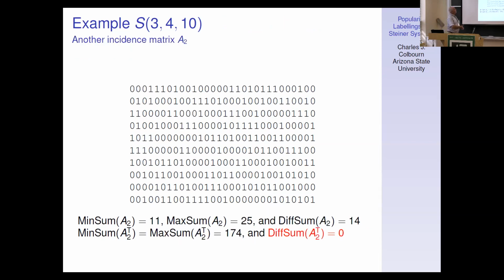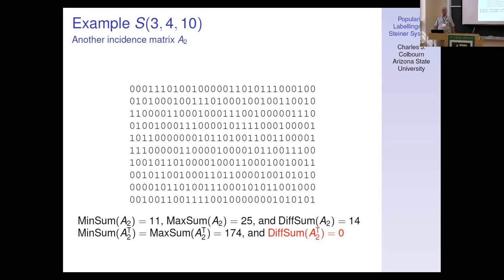So here's another. You can see that the min sum here has gone from 6 up to 11, and the max sum has come from 30 down to 25. So we've got a diff sum now of 14. You might say, is that the best you can do? And by computer, not by brilliance, but by computer, I know that that is the best diff sum you can get, even though it's not the best min sum you can get, and it's not the best max sum you can get.